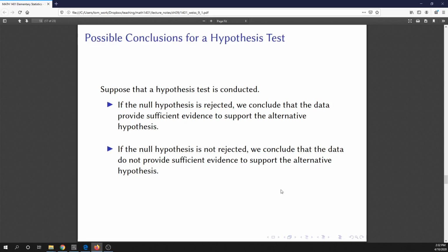The two basic errors are that the null hypothesis is true and you reject it, and the other is that the null hypothesis is not true and you fail to reject it. In the next video, we will classify those two different types of errors and talk about the situation with them.